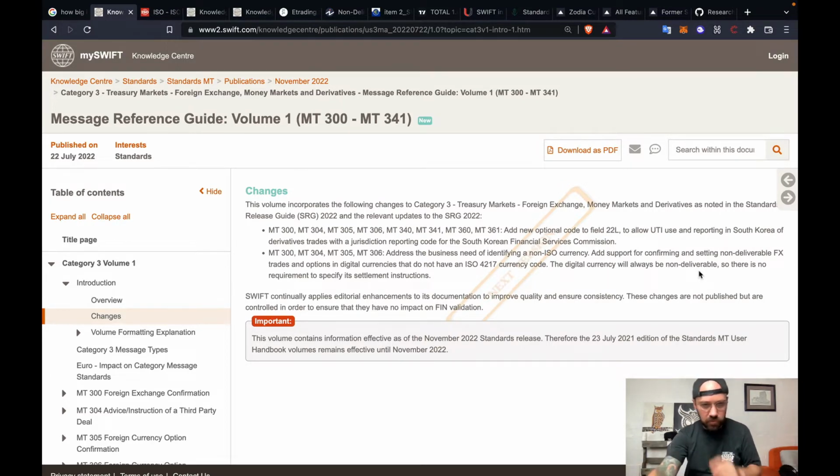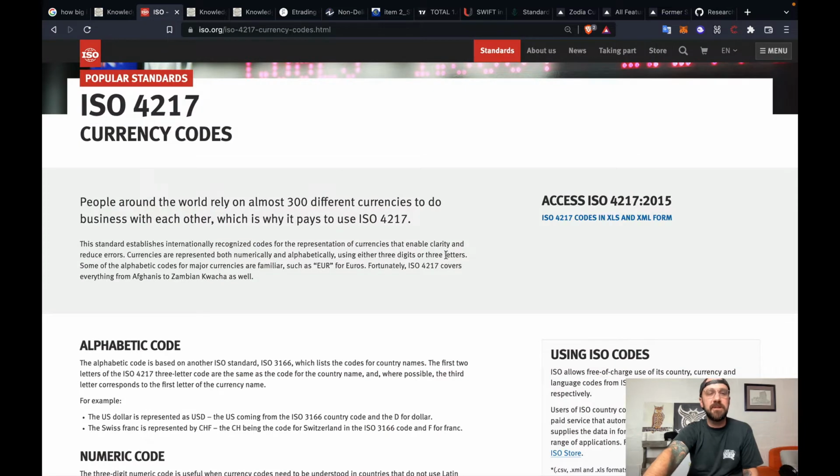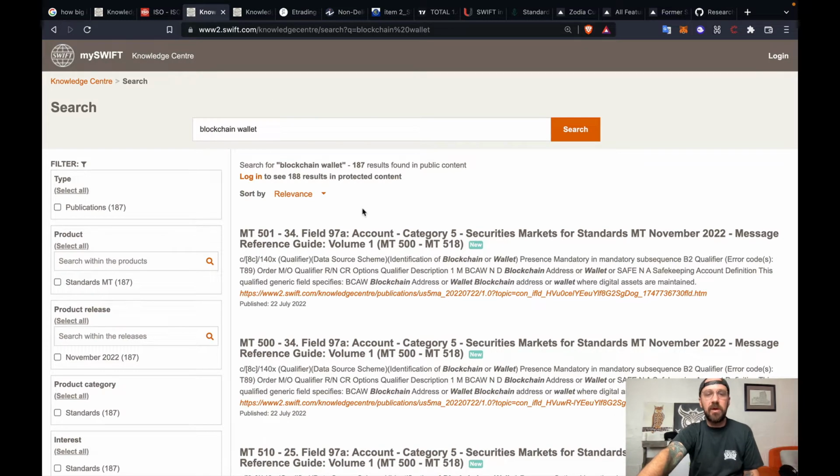We'll talk about non-deliverable trades as well. But ISO 4217 is talking about digital currencies not having 4217 currency codes. ISO 4217 currency codes are essentially what we would deal with for the USD, the Euro, Afghanis, the Zambian Kwacha, whatever you want to talk about from a national currency standpoint. And they're talking about digital currency.